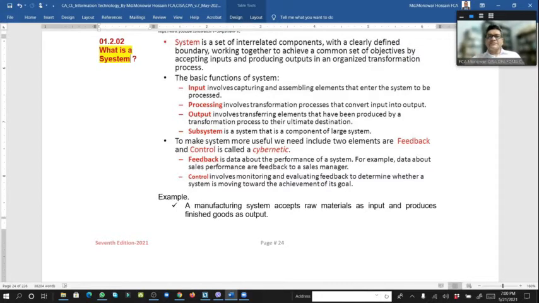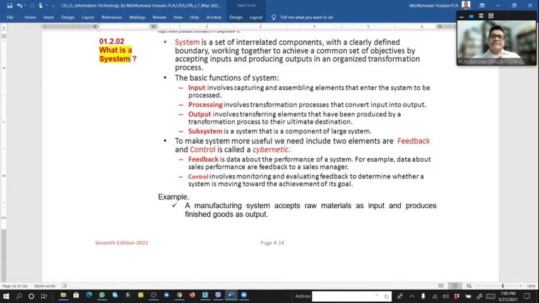A subsystem is a system that is a component of a larger system. A system can be big or small, sometimes a subsystem is also a system, and there are different types of systems. Combining more than one subsystem makes another big system.